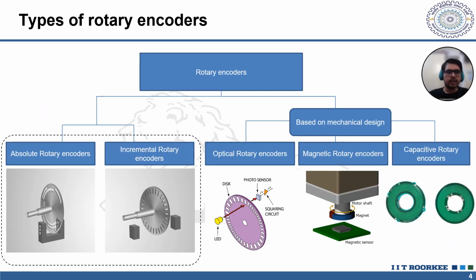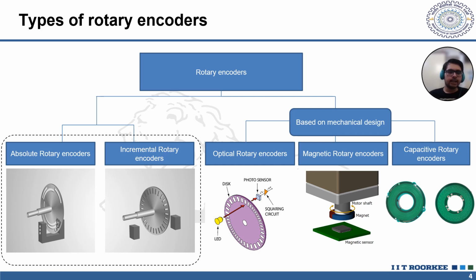Rotary encoders can be either absolute rotary encoders or incremental rotary encoders. An absolute encoder has unique patterns for every location and hence can provide the exact shaft position at a given time. Here we can see that it is encoded from 0 to 7 in binary, where the gaps get detected, it is considered as a 1, and 0 is encoded as absence of a gap.